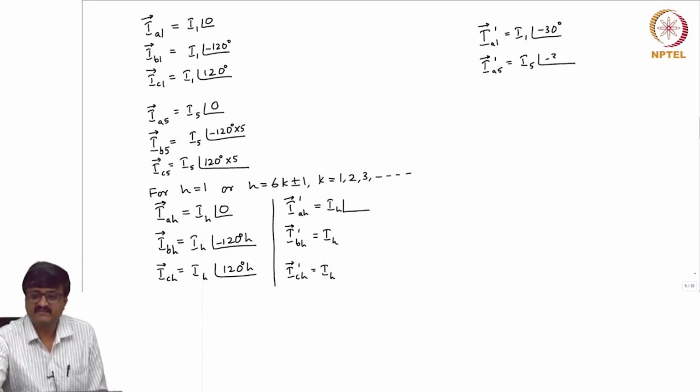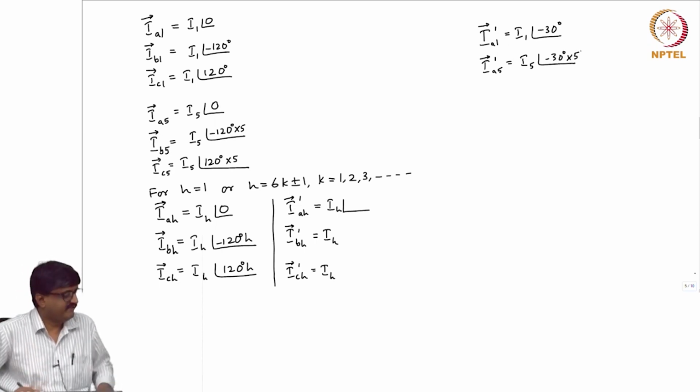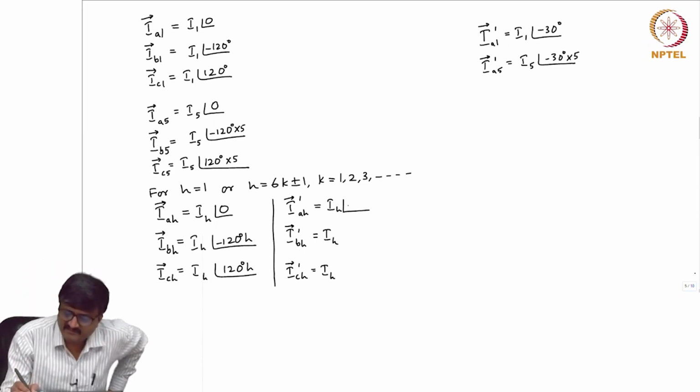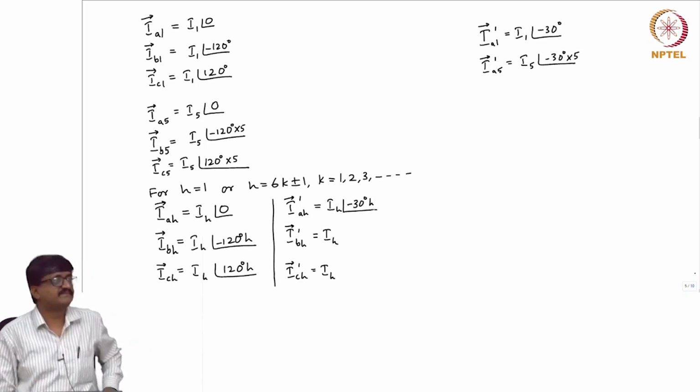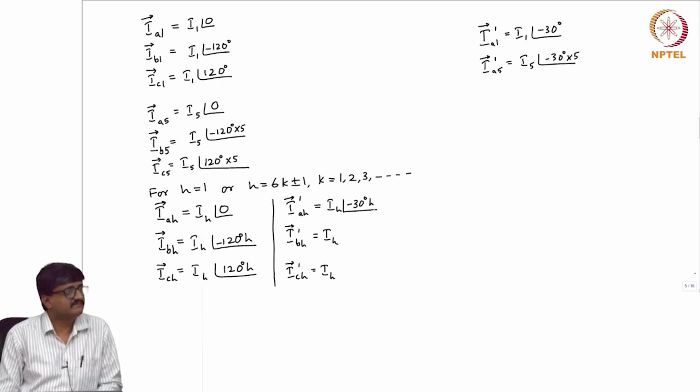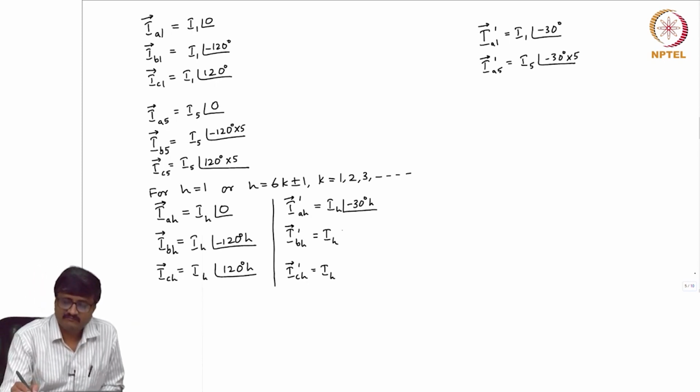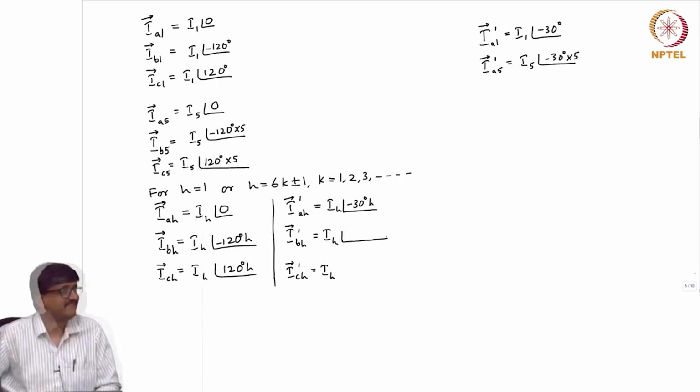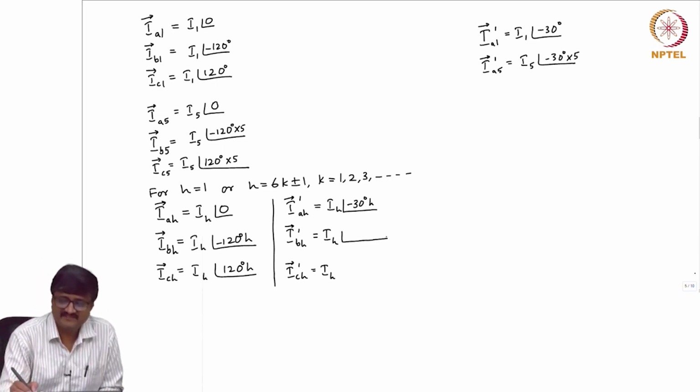Minus 30 into h, so minus 30 into 5. Okay. So, what is the phase angle here? So, I can say this is minus 30 degree h. Okay. What about this? Minus 150 h.